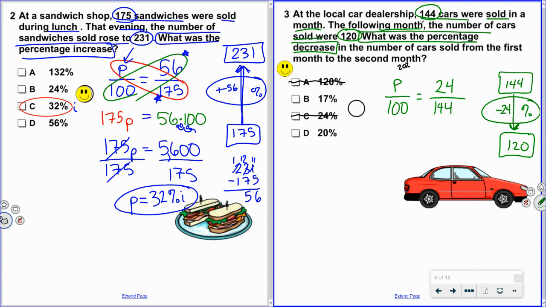Into our cross products first. I tend to do the term with the variable, 144p. Term without the variable, 24 times 100. And as long as I multiply both diagonals, then we maintain the equivalency. In fact, 144 p's are equal to 2400.